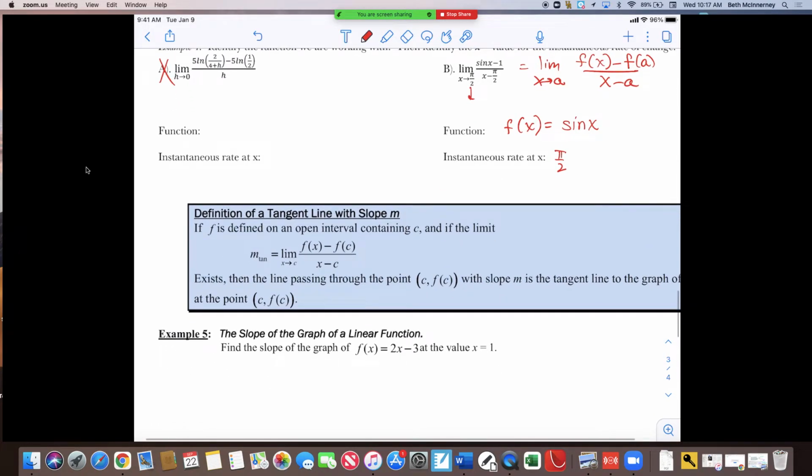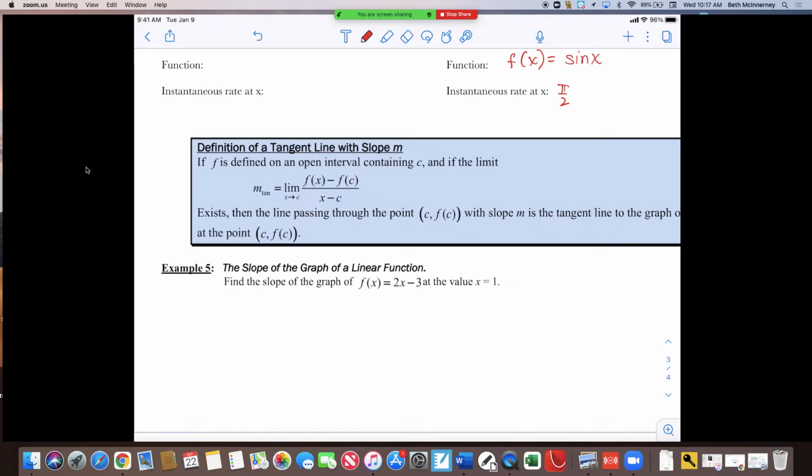It says find the slope of the graph of f of x equals 2x minus 3 at x equals 1. Well, this is the slope of my tangent line, equal to the limit as x approaches 1 of f of x minus f of 1 over x minus 1.